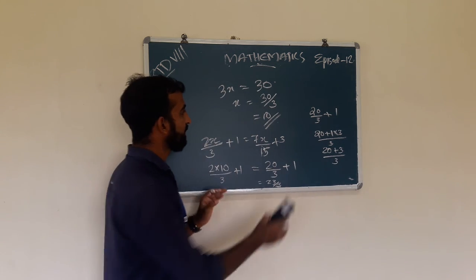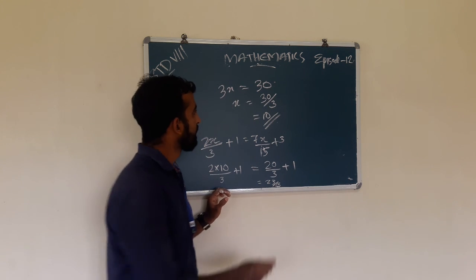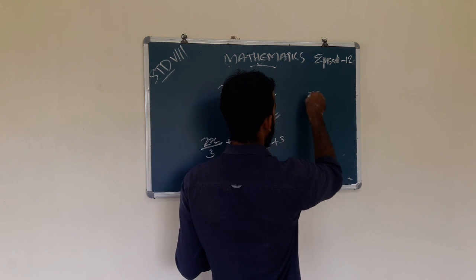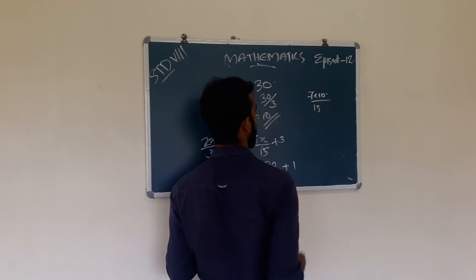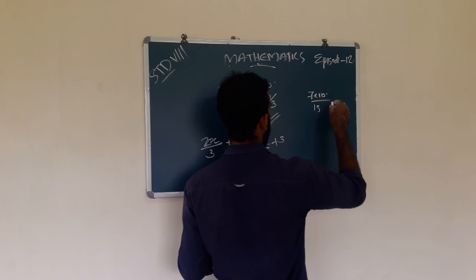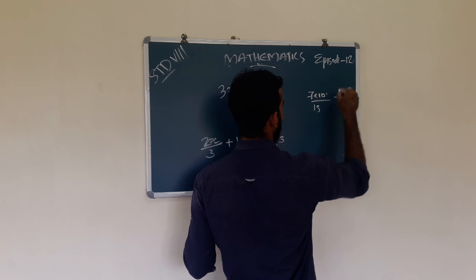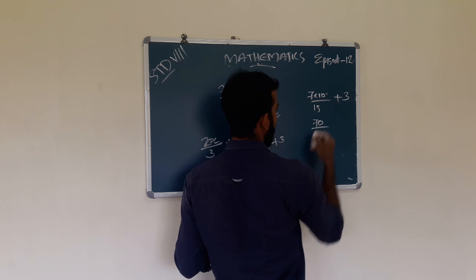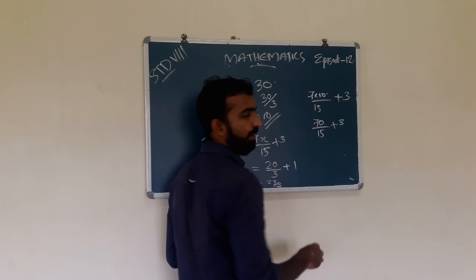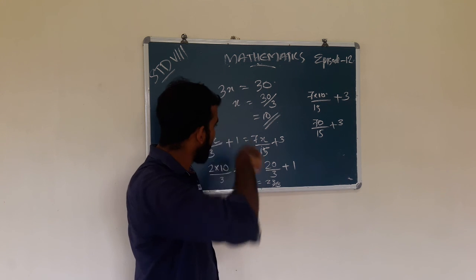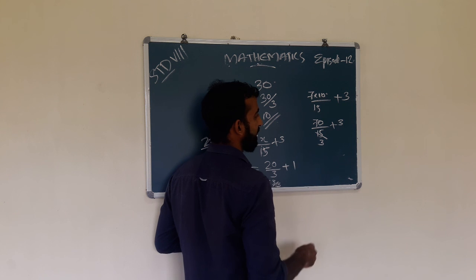And on the right side, what is the right side? 7 into 10 by 15 plus 3. That is 70 by 15 plus 3. We can simplify by 5.